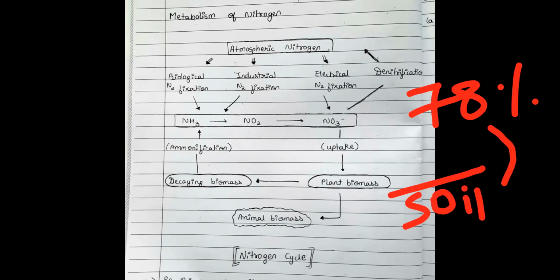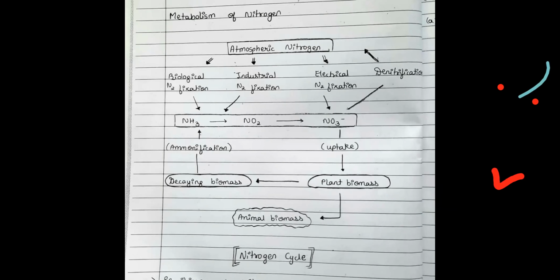The nitrogen is first fixed in the soil and then taken up by the plant, which is very limited. That's why we consider nitrogen a limiting nutrient.